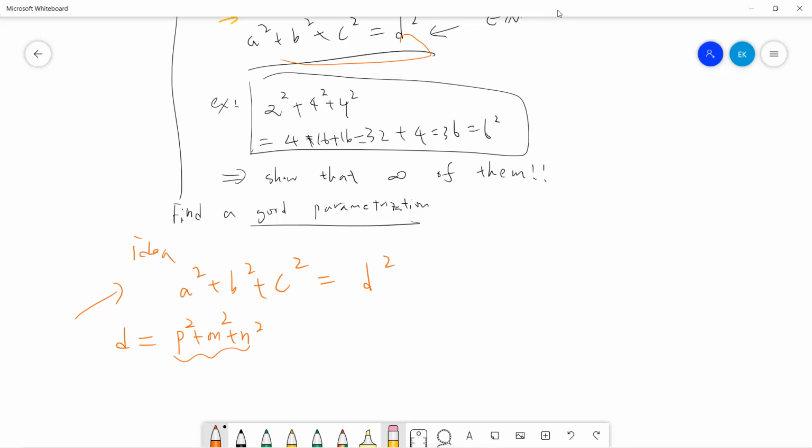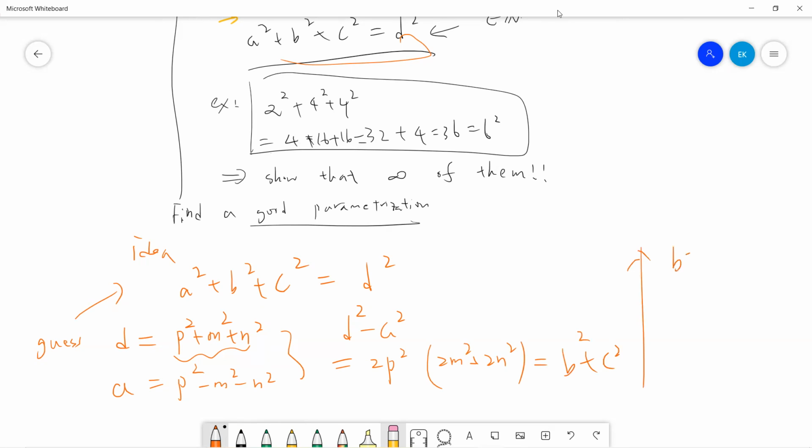So d can be written as a sum of 3 squares, and I pick a to be p squared minus m squared minus n squared. If I do this, then d squared minus a squared gives 2p squared times 2m squared plus 2n squared, and I hope this to be b squared plus c squared. So I can choose b to be 2pm and c to be 2pn.